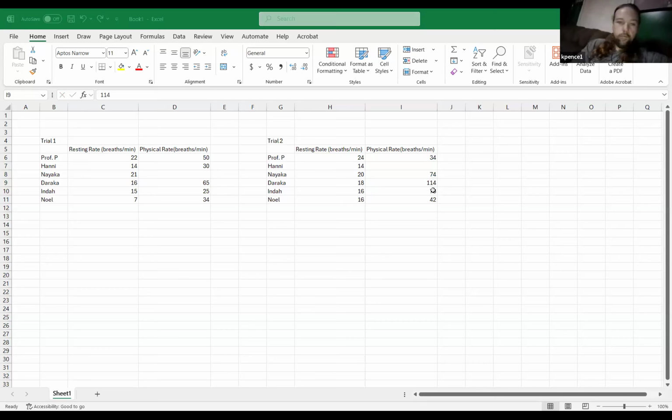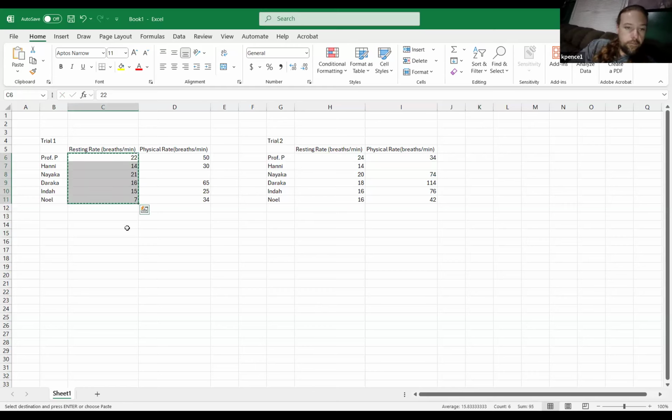Okay, so what we're gonna do now, we'll do the averages. What I'll do is I'll take these two columns, put them together.